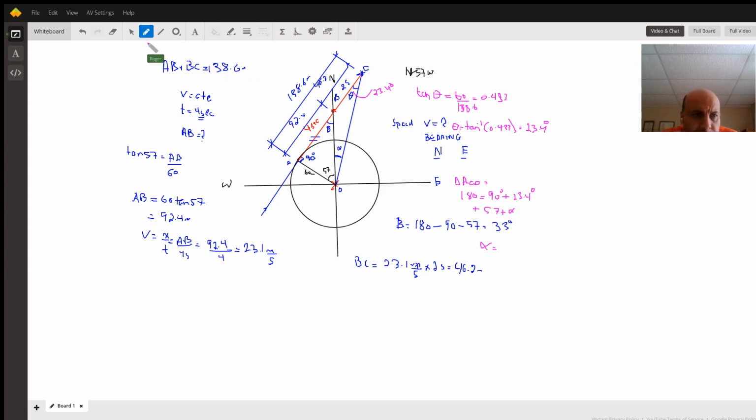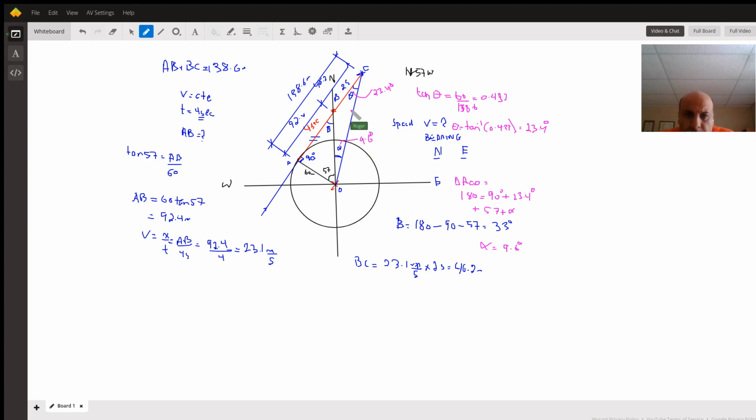That's where I made a mistake. So 180 minus 90 minus 23.4 minus 57 is 9.6 degrees. So this angle here, alpha, is 9.6 degrees.